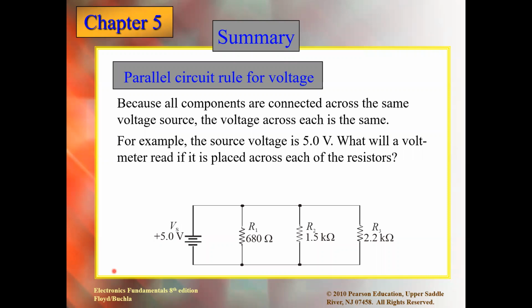If I connect to R1, it's 5 volts. Connect to R2, 5 volts. Connect to R3, it's 5 volts. So in parallel, voltage is the same. If I apply 5 volts here, everywhere it will be 5 volts. This is the property of a parallel circuit.